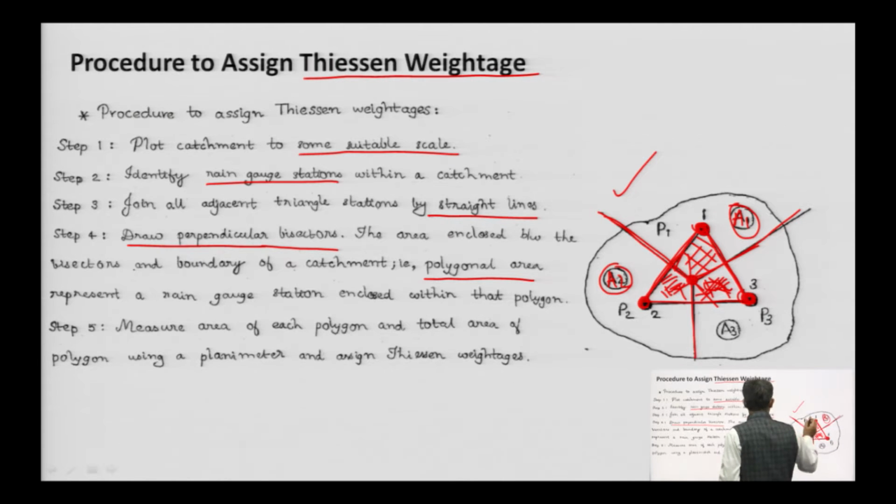So, the weightage for rain gauge station 1 will be A1 by the total, A1 plus A2 plus A3.